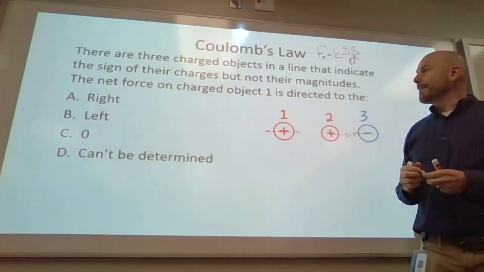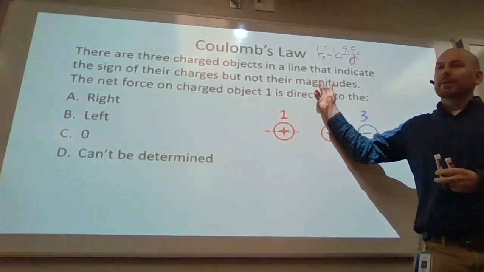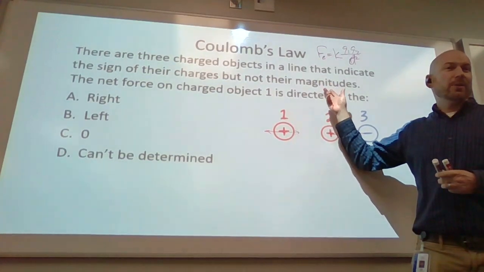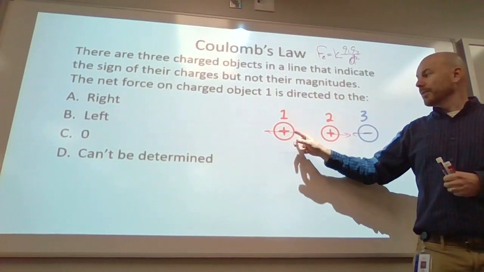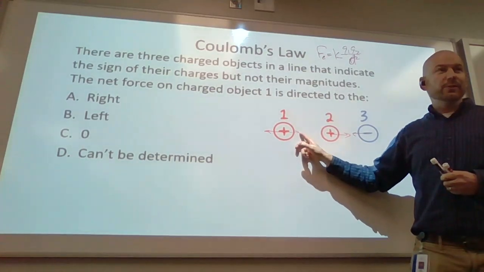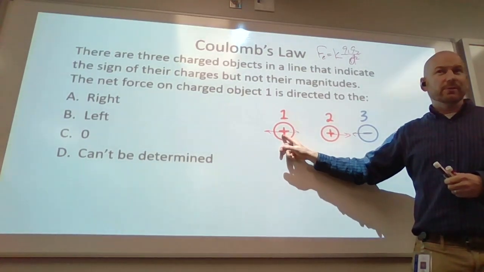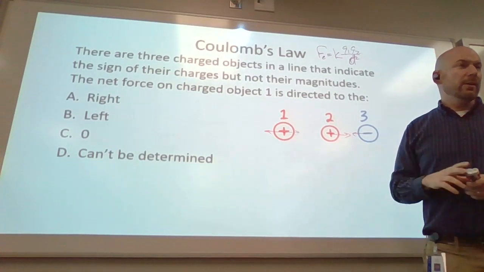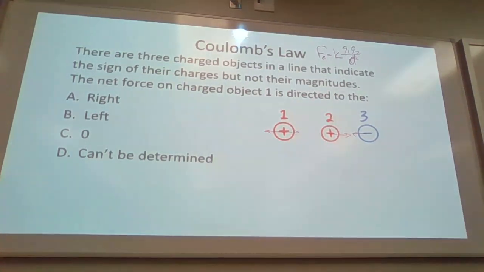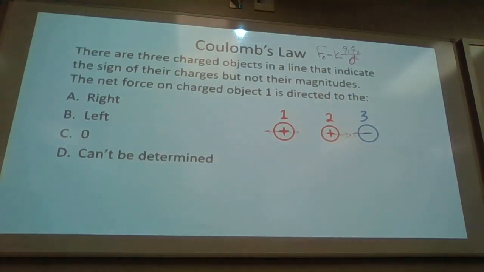Okay. But because we don't know how much charge there is, is it possible for this force to be greater than this force? Tell your neighbor how that would be. Okay.